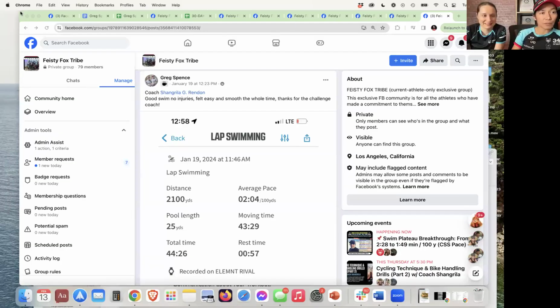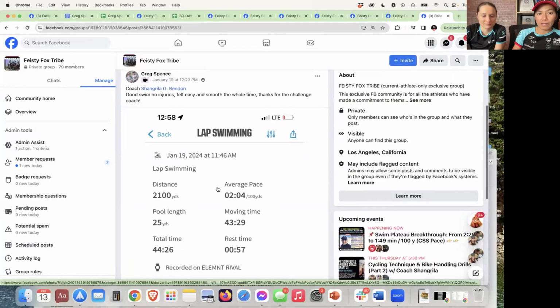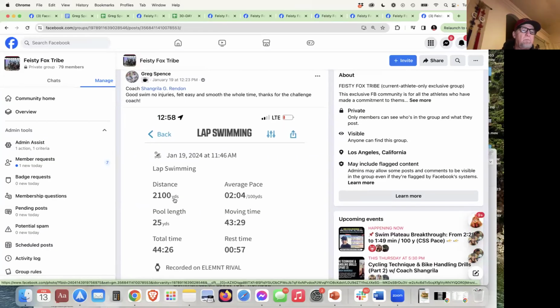What I like is that if you say it's good, I'm ready. I said, yeah, you're ready. I was excited because I know it's going to get done. And this one is actually what he did, because he told us he wants 70.3 and eventually a full Ironman. So he did this one: 2100 at 2:04 pace, nonstop.